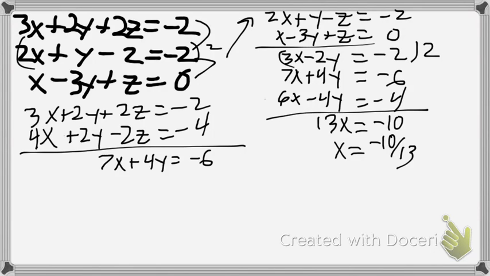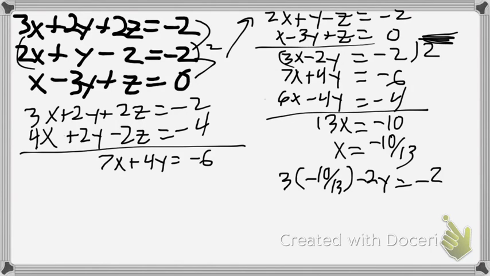So there are a couple ways you can go about this. When you plug this in, I'm plugging this into this equation right here. There are two different ways to do this. I originally did it using the fractions. I'll show you that.